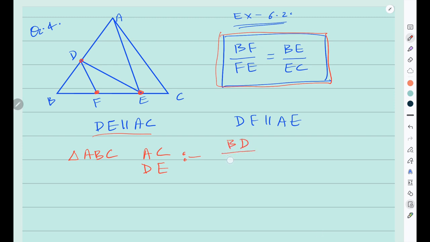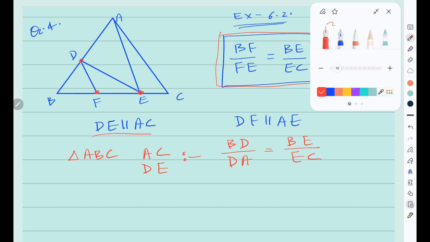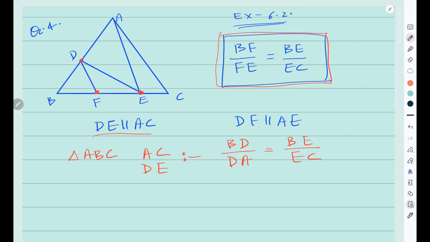Then the BD to DA ratio will be equal to BE to EC, isn't it? Let me explain again: BD to DA will be equal to BE to EC. Why? Because DE is parallel to AC. Let us call it equation 1.